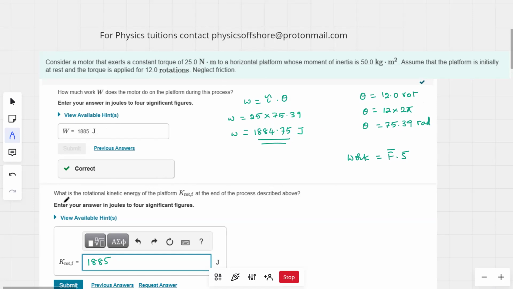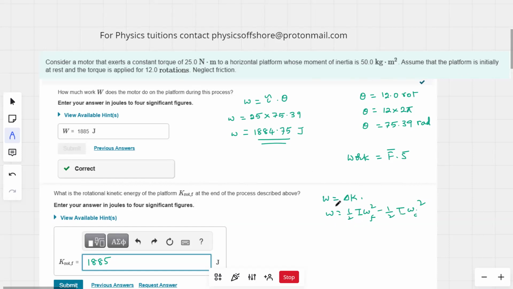Next, what is the rotational kinetic energy of the platform at the end of the process described above? This is based on the work-energy theorem. Work is equal to the change in energy, delta K. Initially the platform is at rest, so this is equal to half I omega F squared minus half I omega I squared, and omega I is 0.